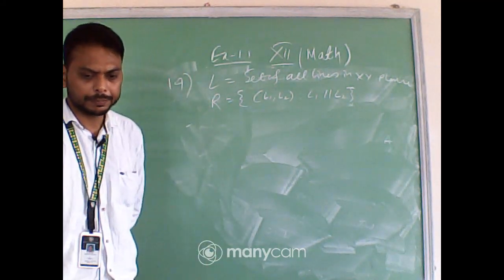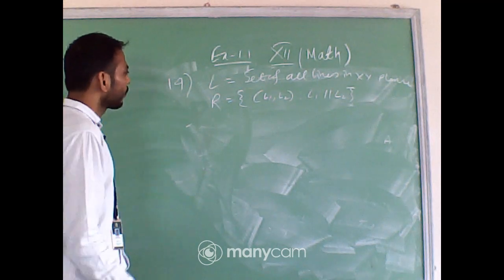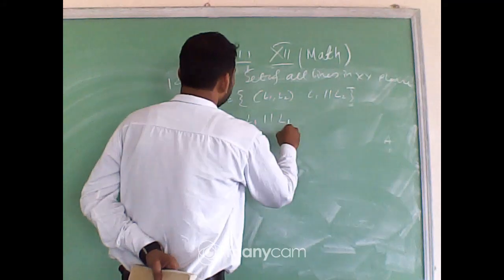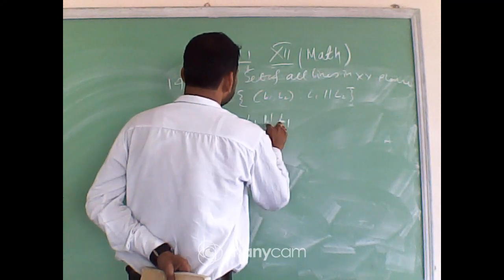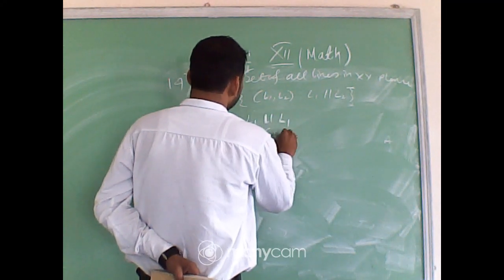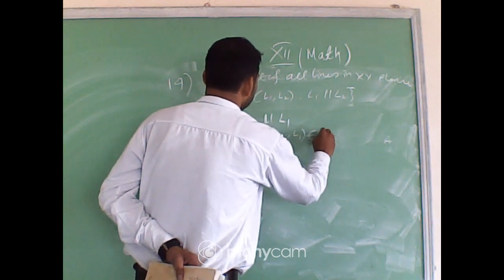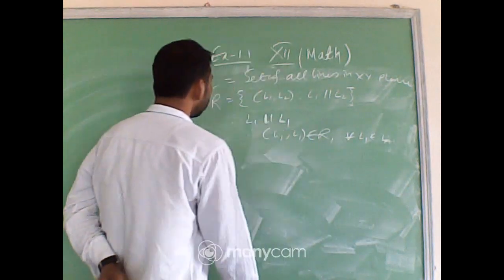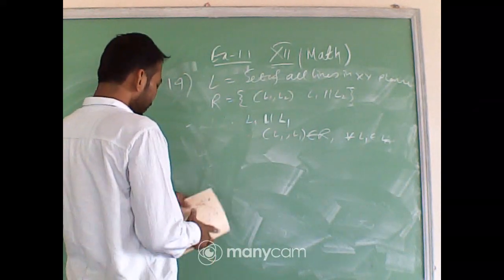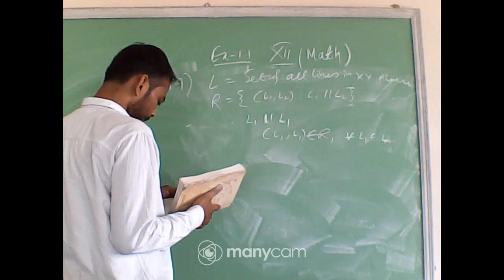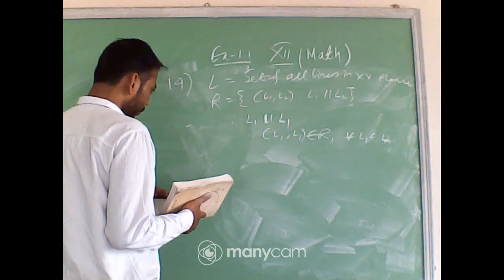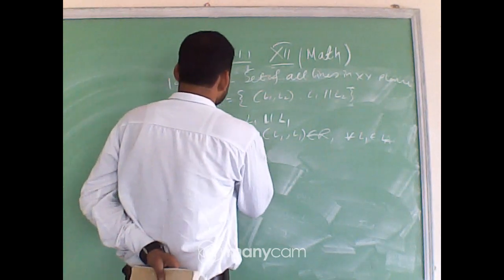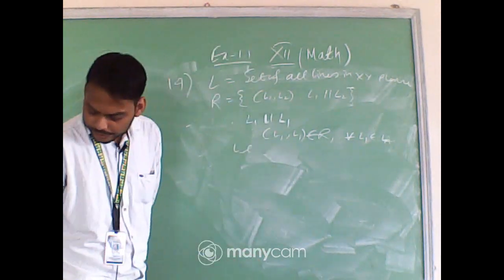Is it reflexive? Since L1 is parallel to L1, any line is parallel to itself. Therefore, (L1, L1) belongs to R for all L1 belongs to L. Isn't it? So R is reflexive.